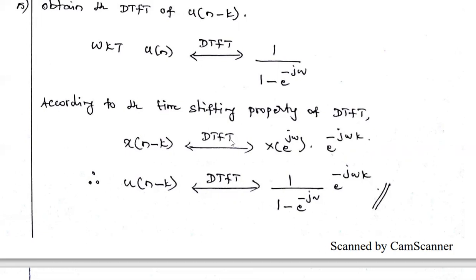Using this time shifting property, we are going to solve this problem. The given problem is u of n minus k. In this signal, the base signal is the unit step signal. We know the DTFT of the unit step sequence u of n, which we derived in the previous problem: 1 by 1 minus e power minus j omega.